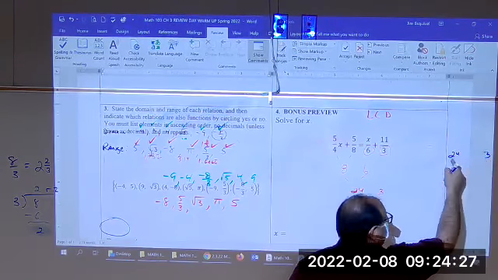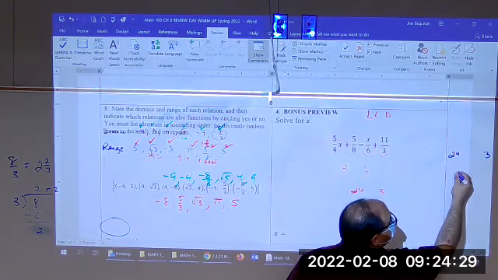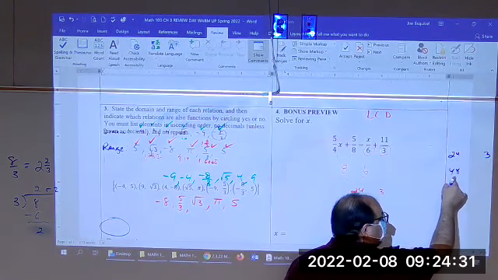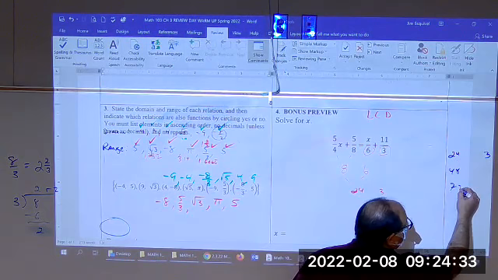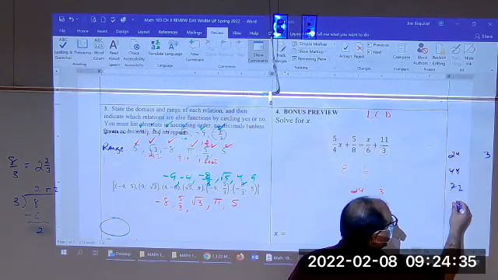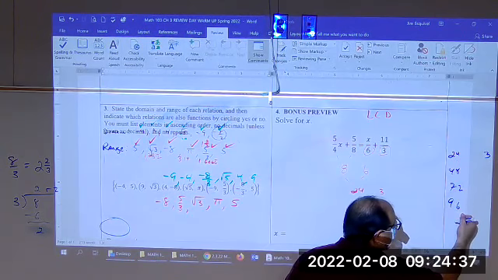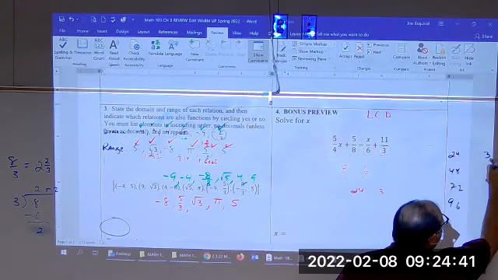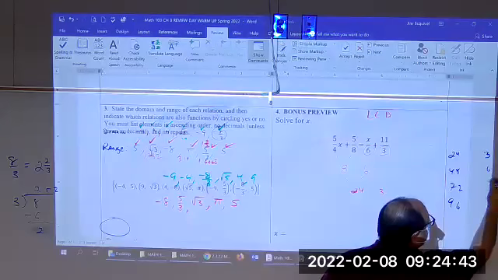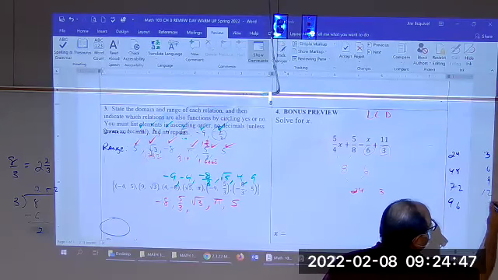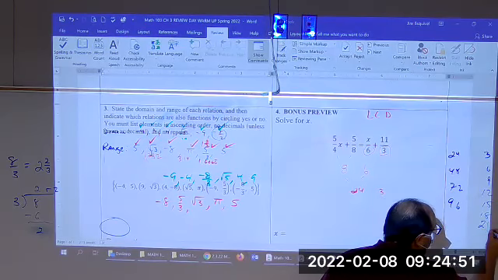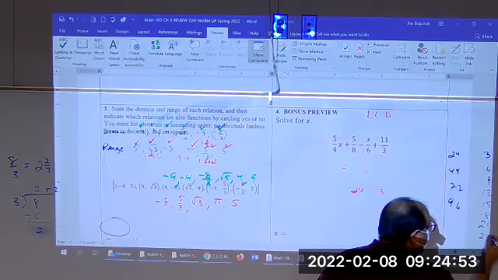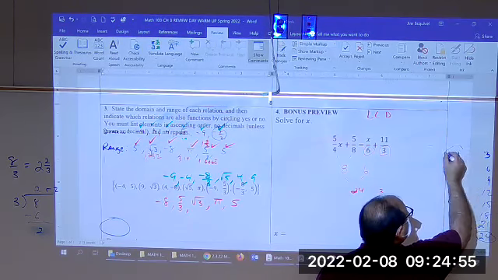24 and 3. 1 times 24, 2 times 24 is 48. 3 times 24 is going to be 72. 4 times 24 is going to be 96. I hope it's not that. 1 times 3, 2 times 3 is 6, 3 times 3 is 9, 4 times 3 is 12, 5 times 3 is 15, 6 times 3 is 18, 7 times 3 is 21, 8 times 3 is 24.